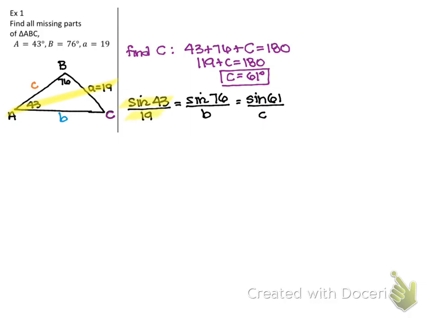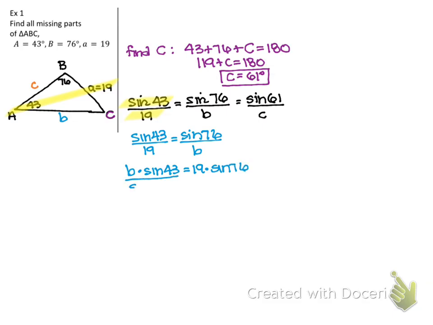So let's say I want to solve for B. Well, I already found C first. So this is going to give me sine of 43 over 19 is equal to sine of 76 over B. I'm going to cross multiply. So I get B times sine of 43 is equal to 19 times sine of 76.